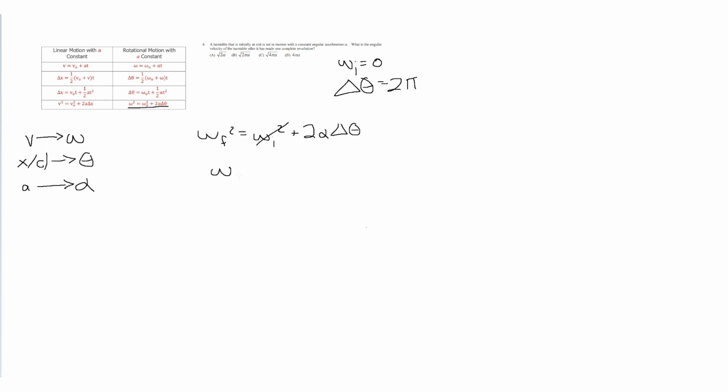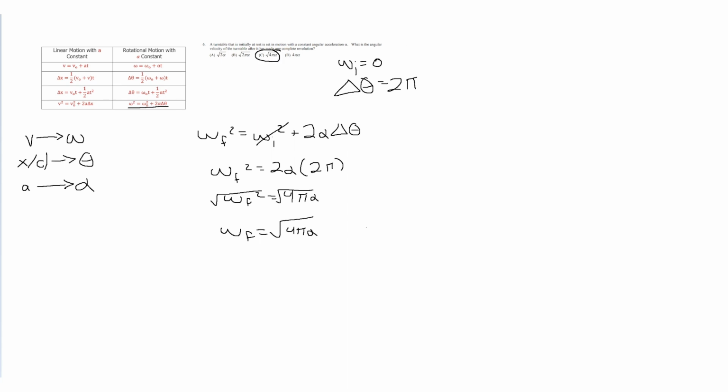So wf squared equals 2 alpha times 2 pi, so wf squared equals 4 pi alpha. If we want just wf, we can square root both sides, and we get wf equals the square root of 4 pi alpha. So our answer is going to be C.